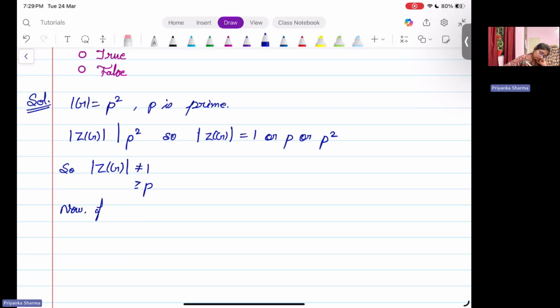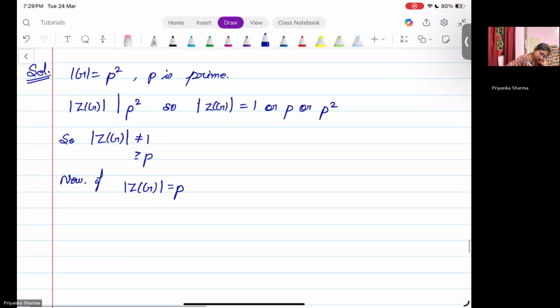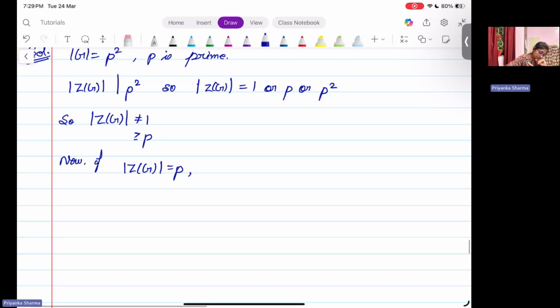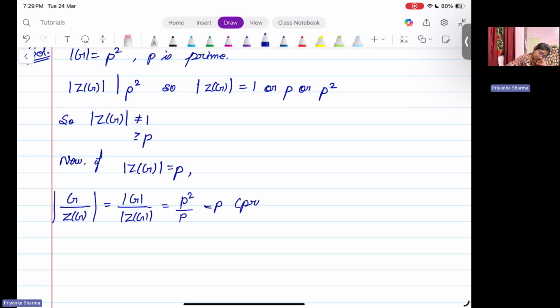Now, what if the order of the center of G is P? As the center is a normal subgroup, we can define G mod ZG. The order of this will be the order of G divided by the order of the center of G, that is P square by P, which is P, a prime.